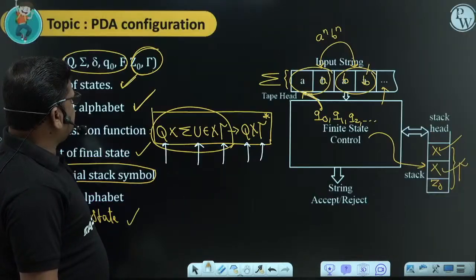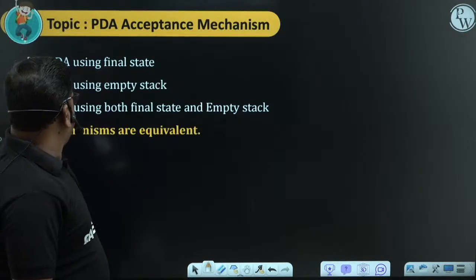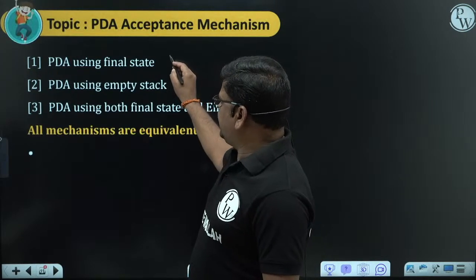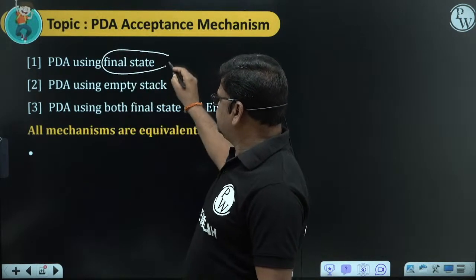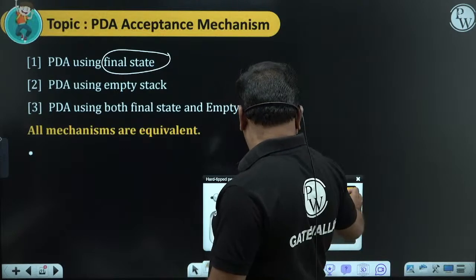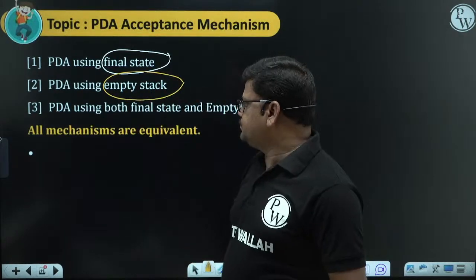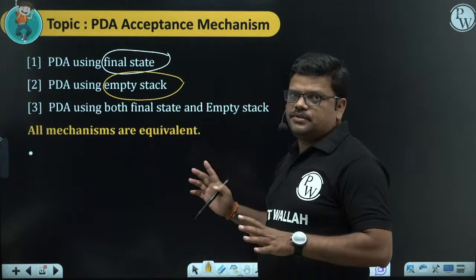Those acceptance methods are the final state acceptance method and the empty stack acceptance method. Sometimes both final state and empty stack.